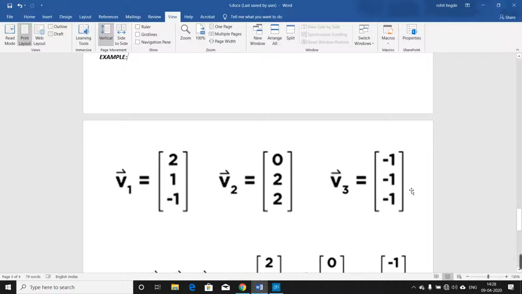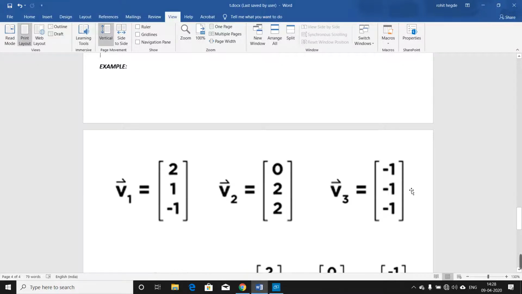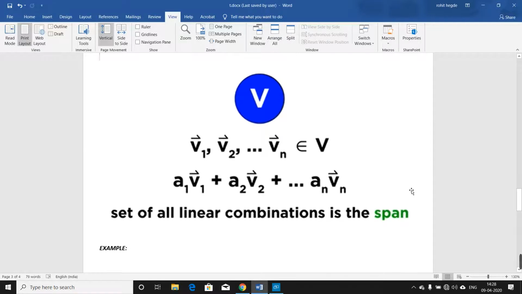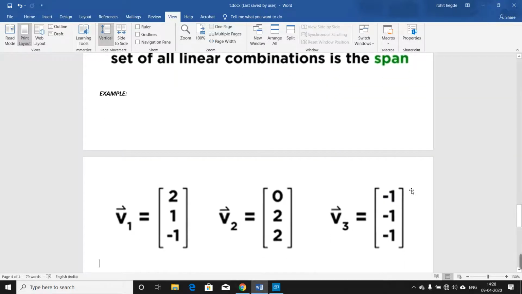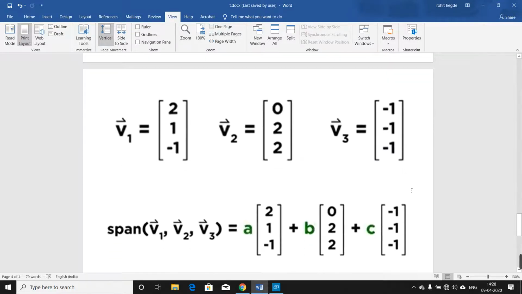As the definition shows, the span is the set of all linear combinations, so we have to represent this as a linear combination. That means the span of these three vectors equals A times v1 plus B times v2 plus C times v3.